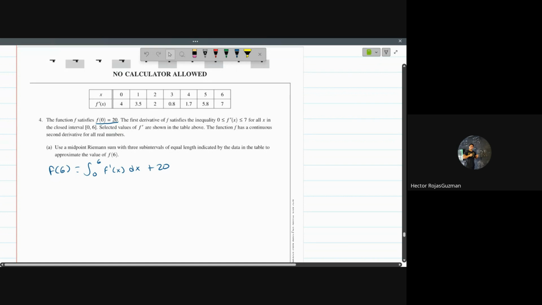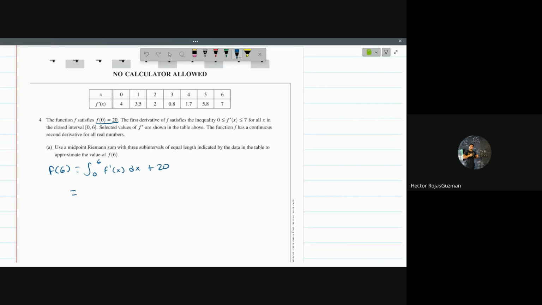So for MRAM, we're going to have to use base times height, with 3 subintervals. My first subinterval is going to go from 0 to 2, then from 2 to 4, and then from 4 to 6.